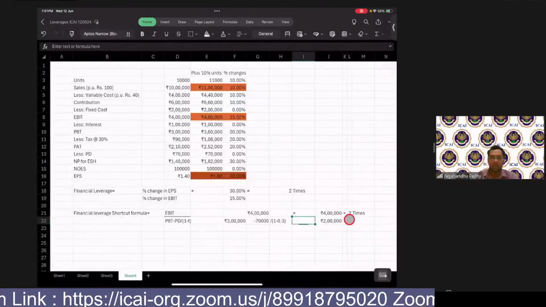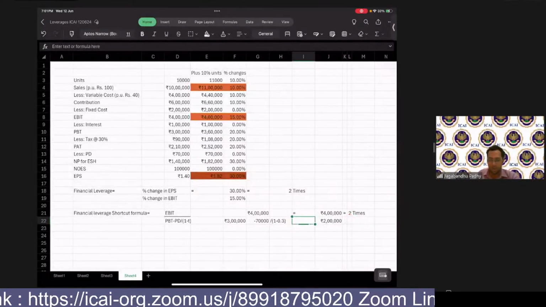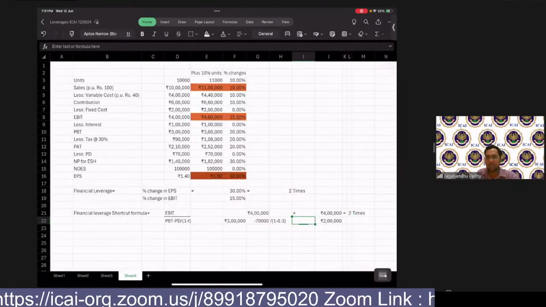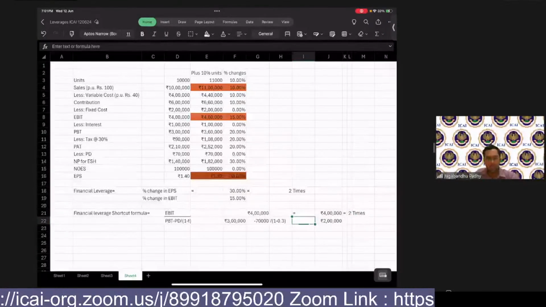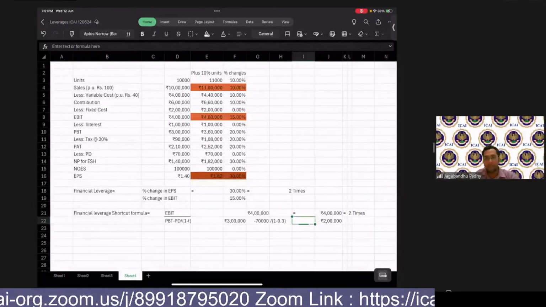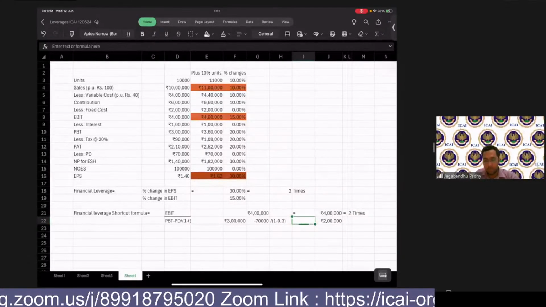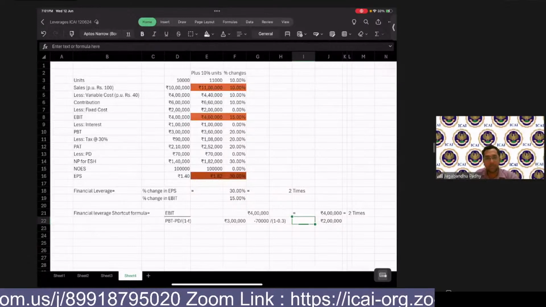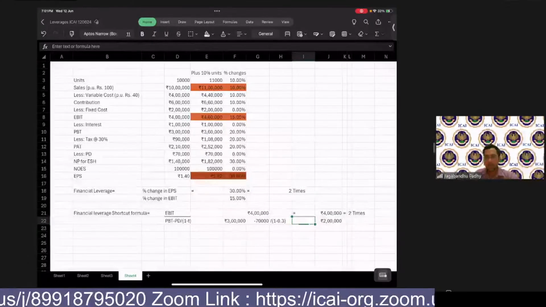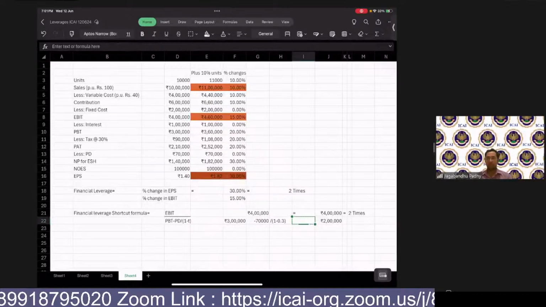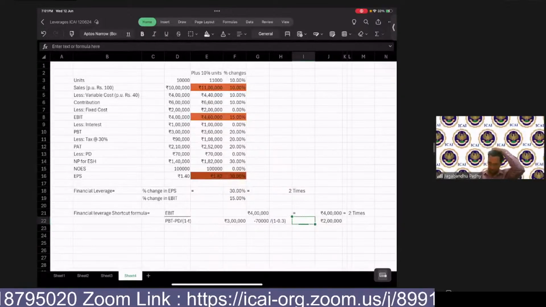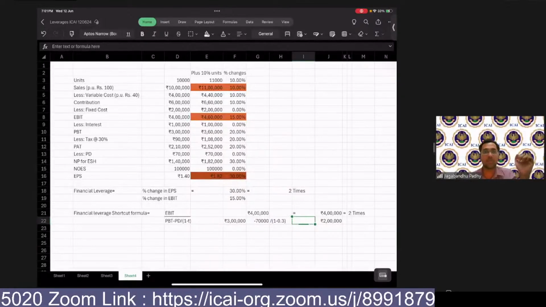Remember, this is applicable when you have preference dividend in your books. If you don't have any preference dividend, then it's all fine. Then you can use the older formulas. Okay, clear everyone? Shortcut formula for the financial leverage.